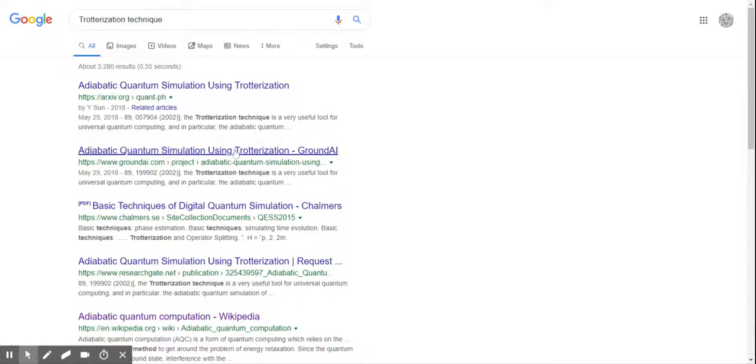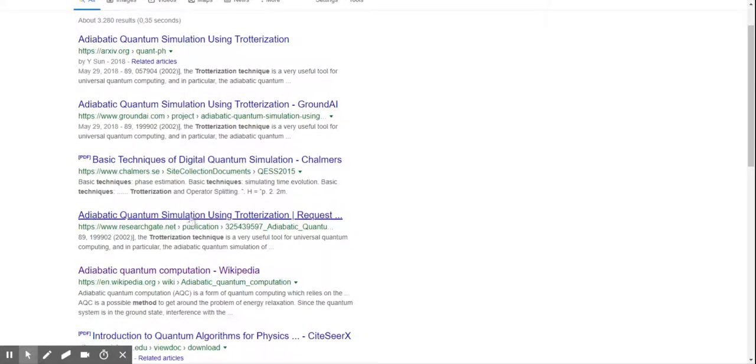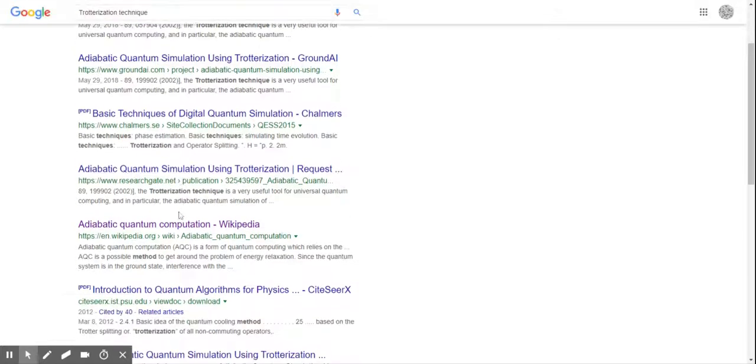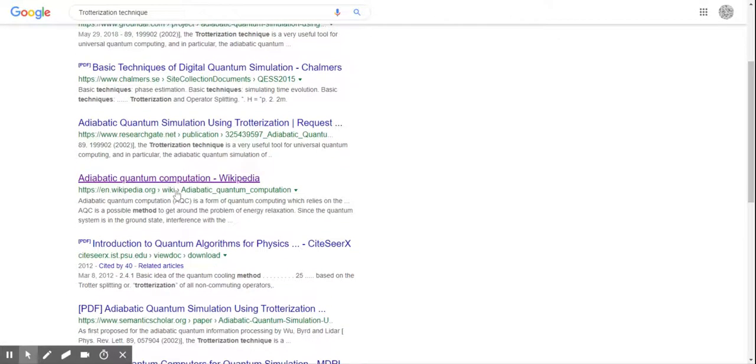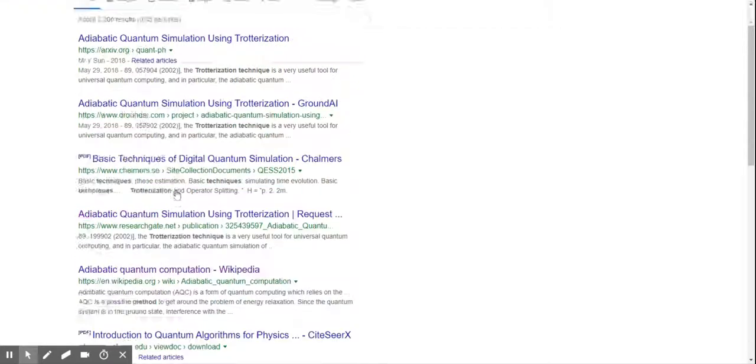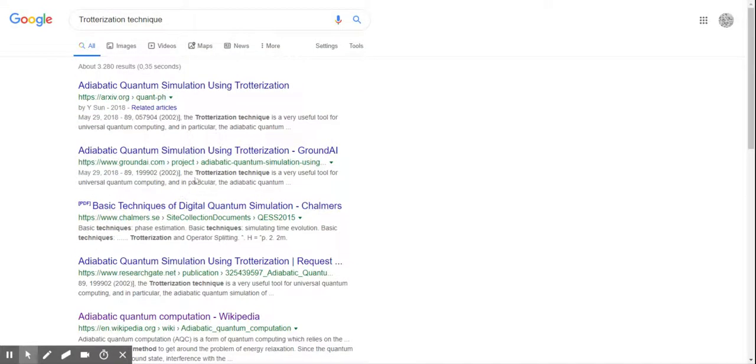Adiabatic quantum simulation using Trotterization, but that's adiabatic quantum, and I don't want that. What is this? Let me just check that. What is Trotterization?